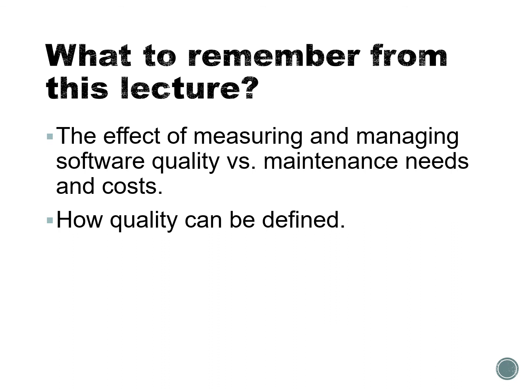If there's only one thing you need to remember from this, try to remember the effect of measuring and managing software quality and compare it to what the general maintenance needs are, or what the types of maintenance projects or maintenance cycles are, and how you could use quality definition or quality measurement to select your next maintenance cycle objectives.